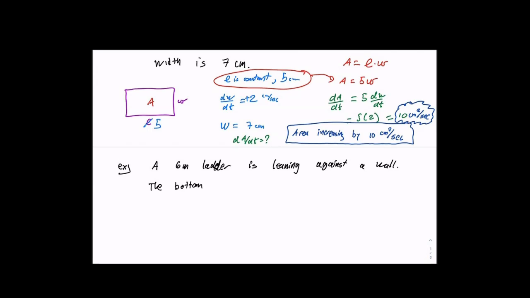The bottom of the ladder is being pulled out from the wall at a rate of 1/2 meter per second.